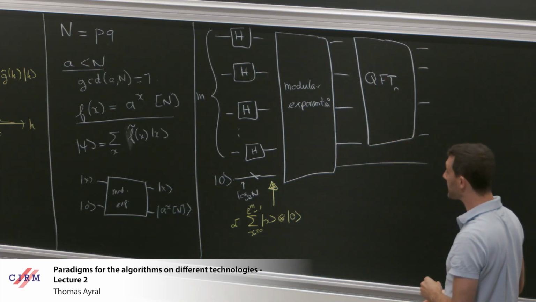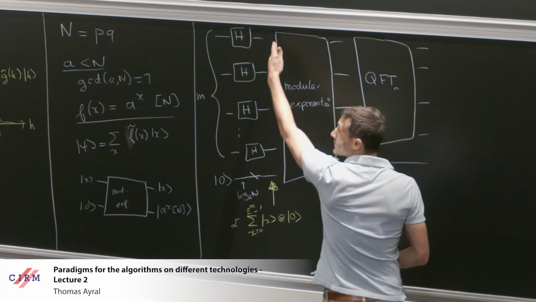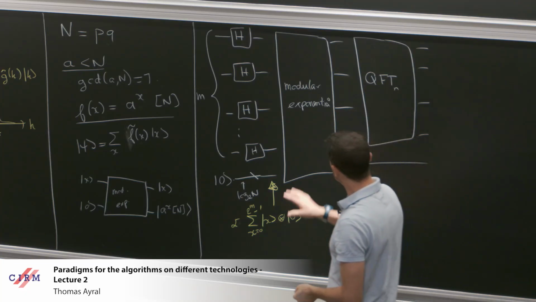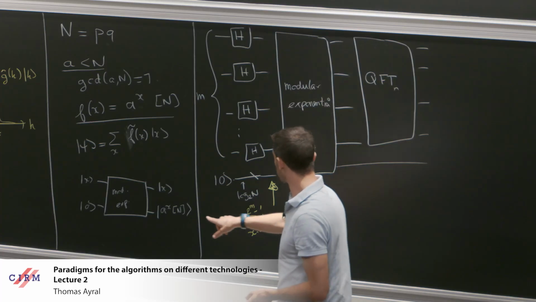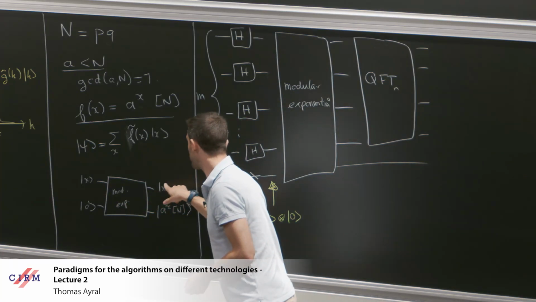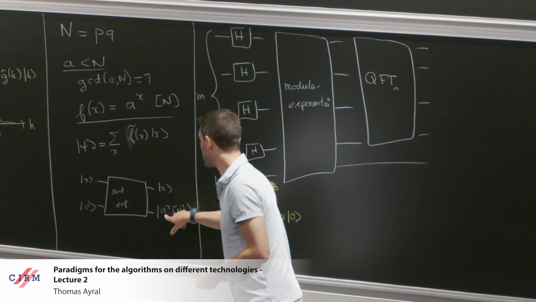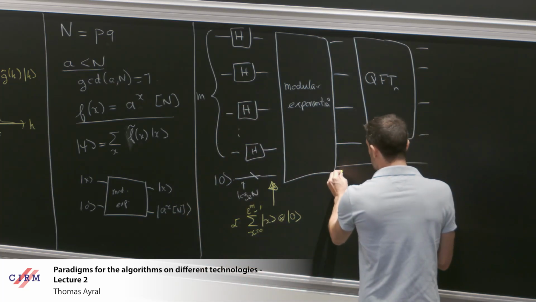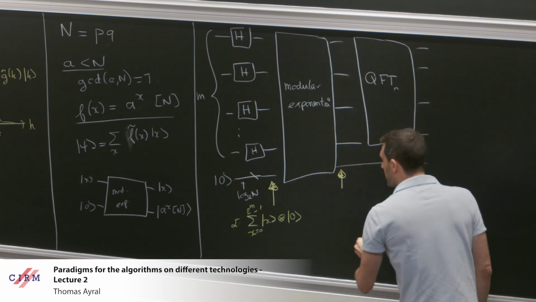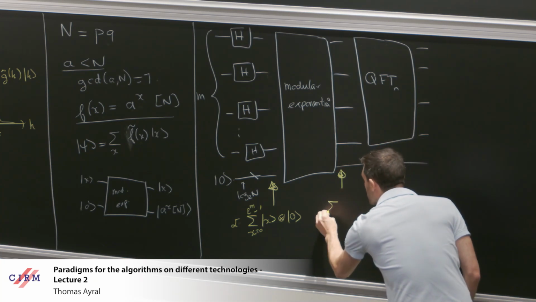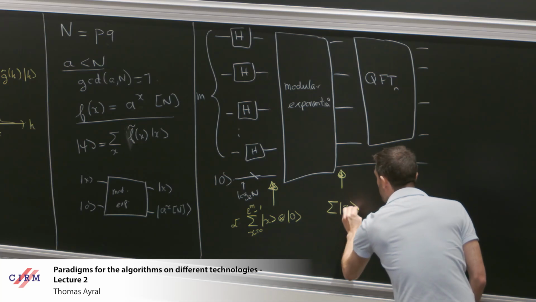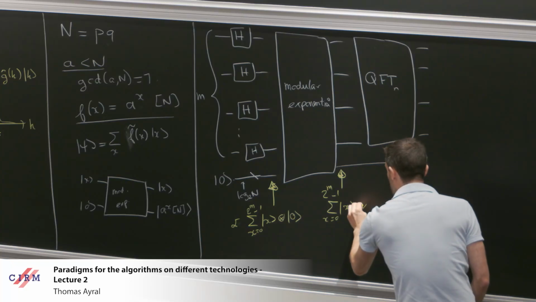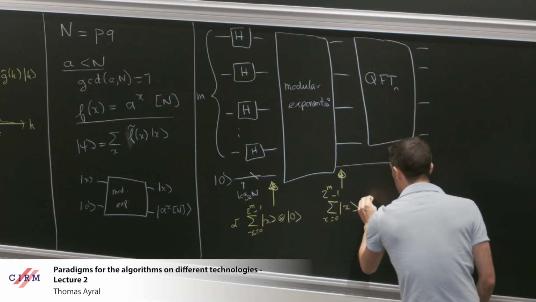So that's the state I get after this wall of Hadamard gates. Now, let's look at what this box does. If I have an input x, then I'm going to still have x here, but I'm going to put a power x modulo n in the register at the bottom. So let's apply this rule. Then I have sum over x from 0 to 2 to the m minus 1 tensor, and I'm going to call it f of x.